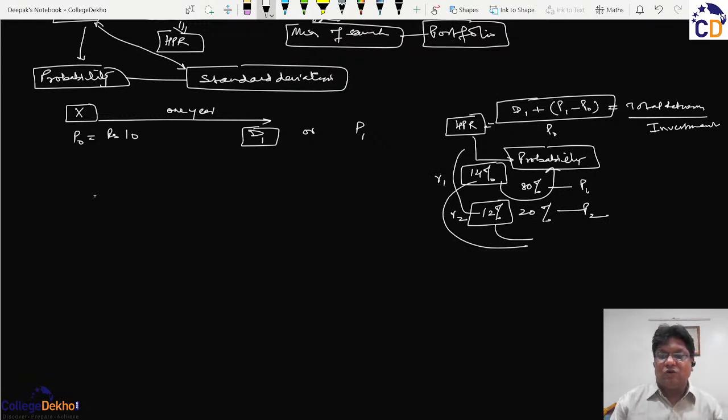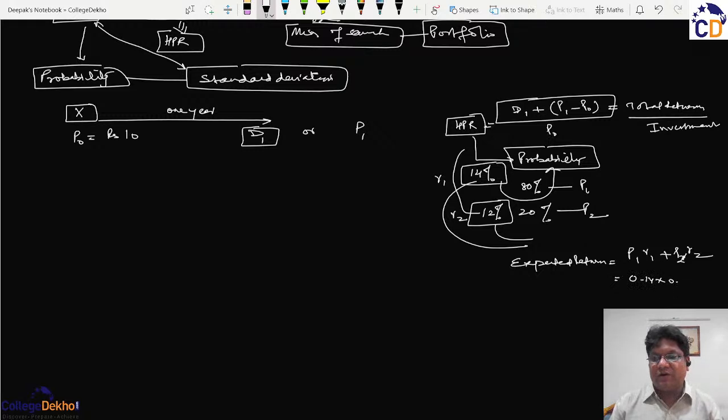So we can say the expected return should be the multiplication of probability with the return, calculated as a weighted average. So 80% with the 14% return plus 12% return with the 20% probability.